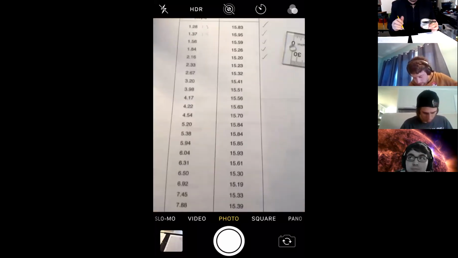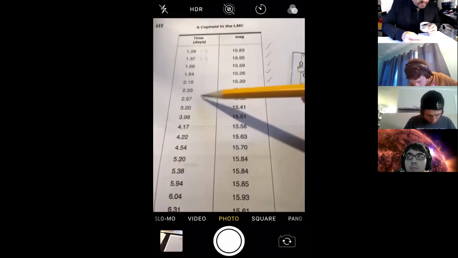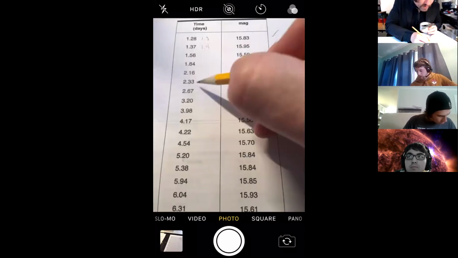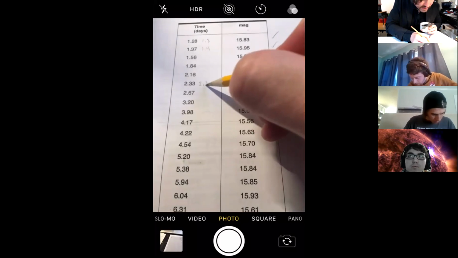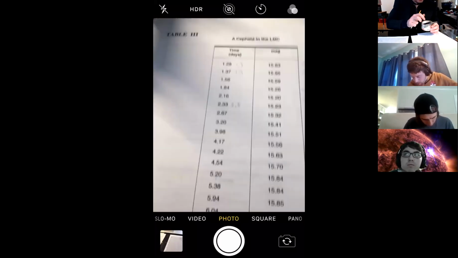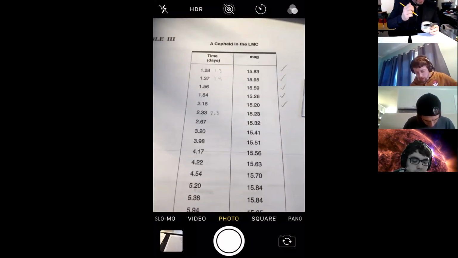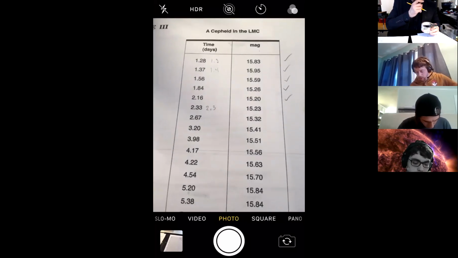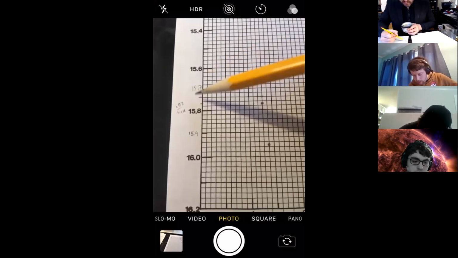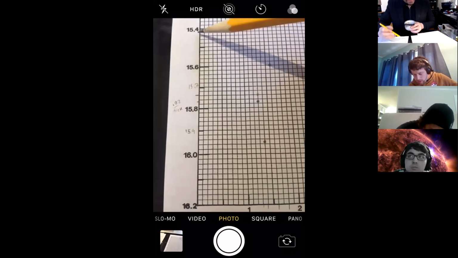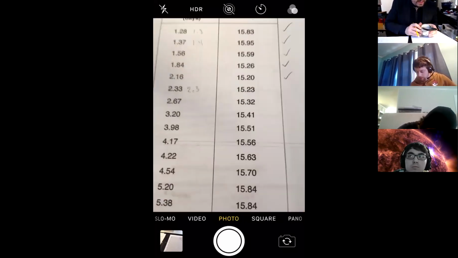This is tough, guys. 2.3. Remember, we're rounding the time column to the nearest tenth to make things easier. The fact that it's going backwards is screwing with me. Yeah, that's what keeps getting me. Watch that, guys. It goes smaller upwards, right? Yeah, that's definitely screwing with me.